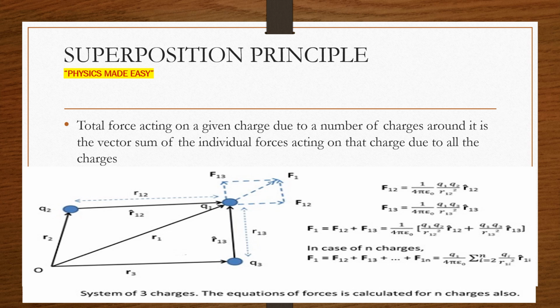We can also apply this concept to the case of n charges, when there is a large number of charges surrounding the charge Q1. So we can change the result to Q1 divided by 4 pi epsilon naught into the summation of Qi divided by distance squared, multiplied by the unit vector that shows the direction of the total force acting on the given charge.